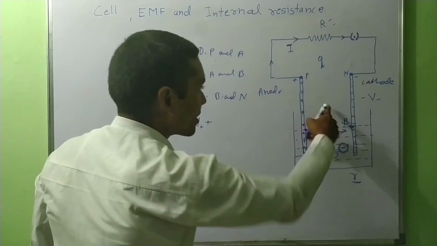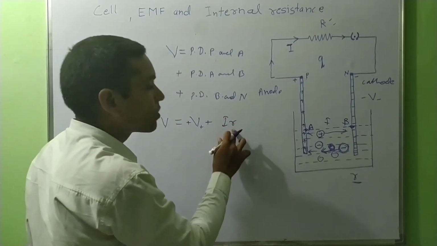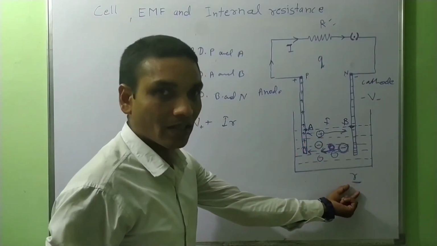So the potential difference will be I into r. Potential difference is current into resistance, and the resistance here is the internal resistance.